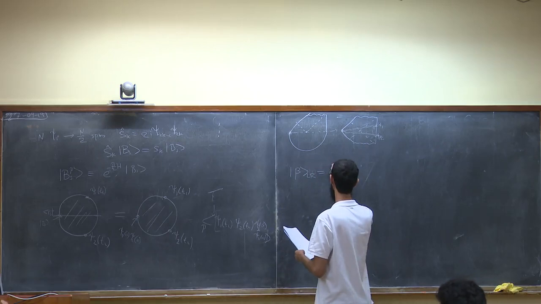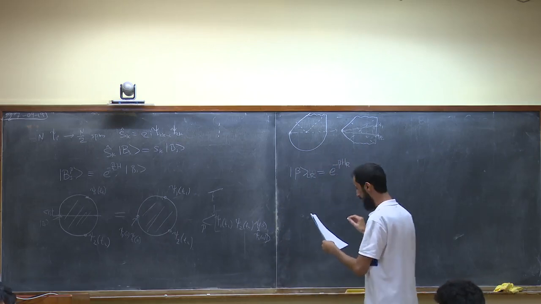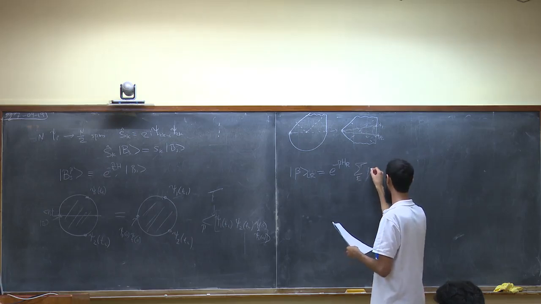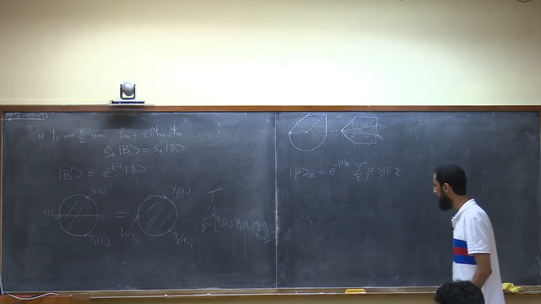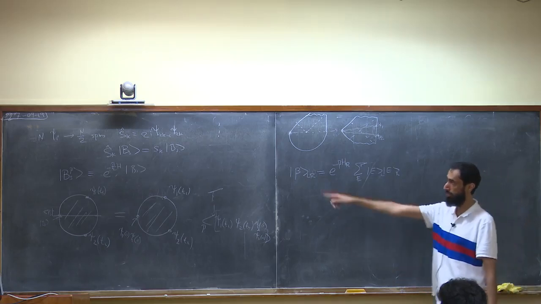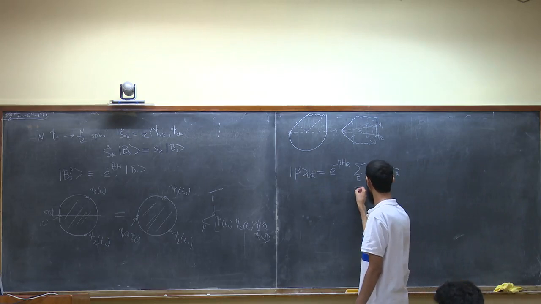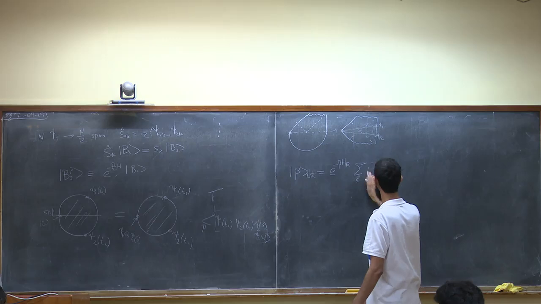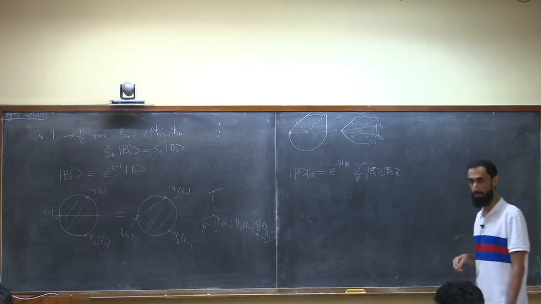We know how to write this as e to the minus beta H over 2, let's say, summed over the energy eigenstate basis, left and right. But there's another basis we can use, the spin eigenstate basis. So I can write this as a sum over s of |s⟩ |s*⟩, where s star is the CPT conjugate.